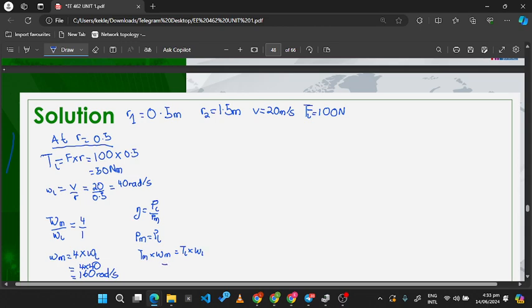So this would be TL times omega L over omega M. Our load torque is 50 Newton meters. Omega L over omega M would be the inverse of the gear ratio, so that's 1 over 4. So we get 12.5 Newton meters.